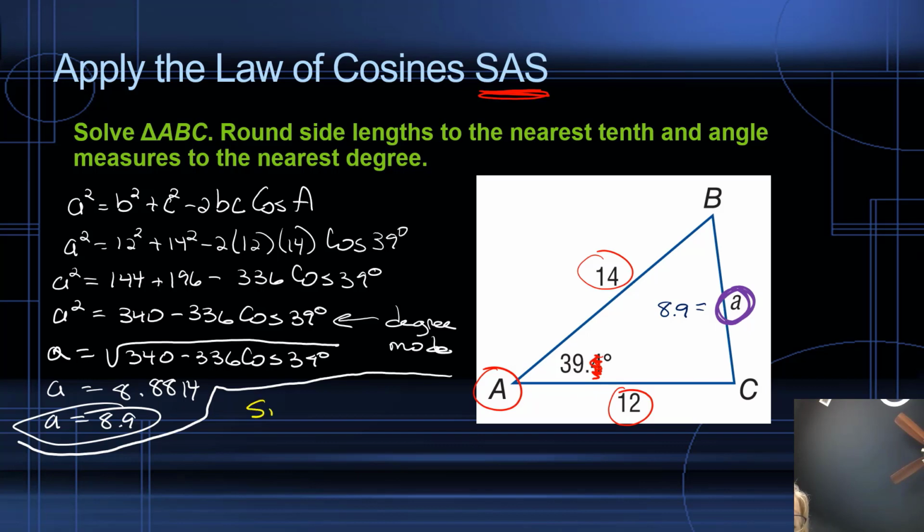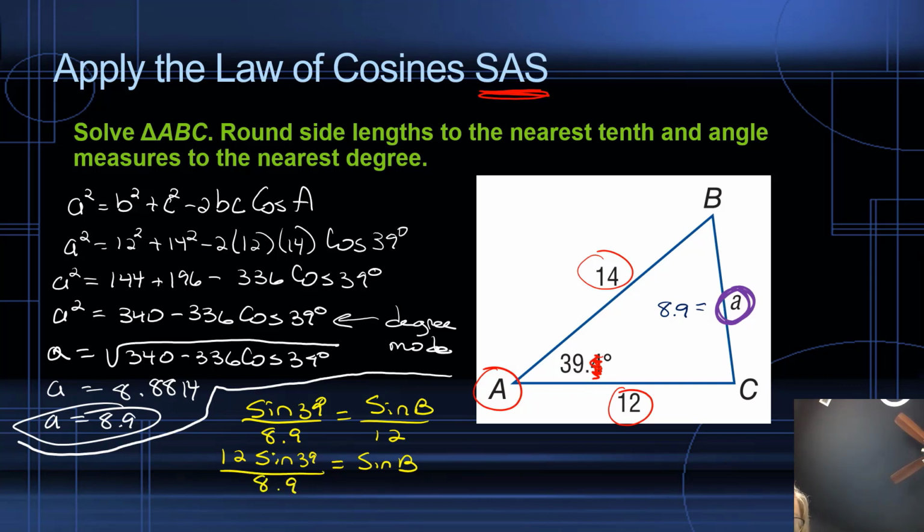So sine of 39 degrees over 8.9 equals the sine of B over 12. So sine of B is going to equal 12 times the sine of 39 divided by 8.9.